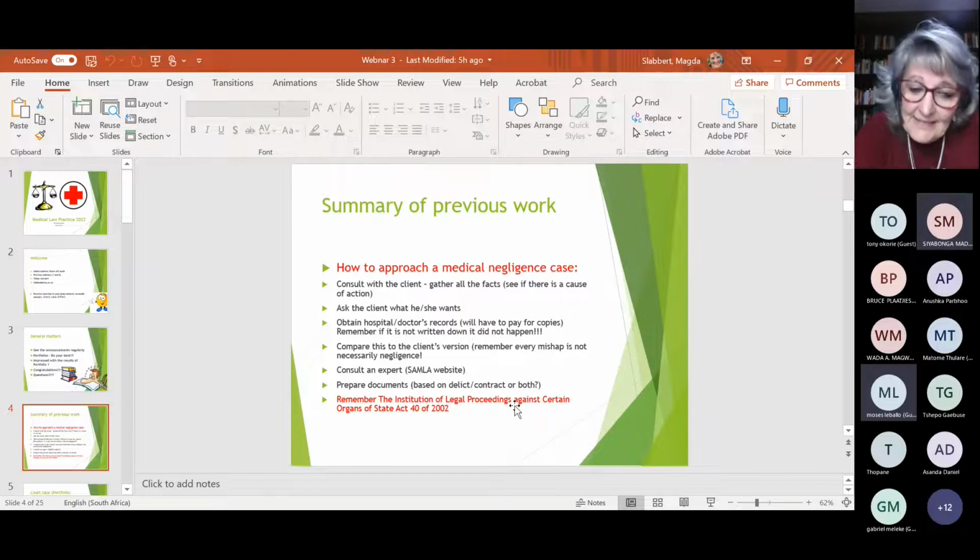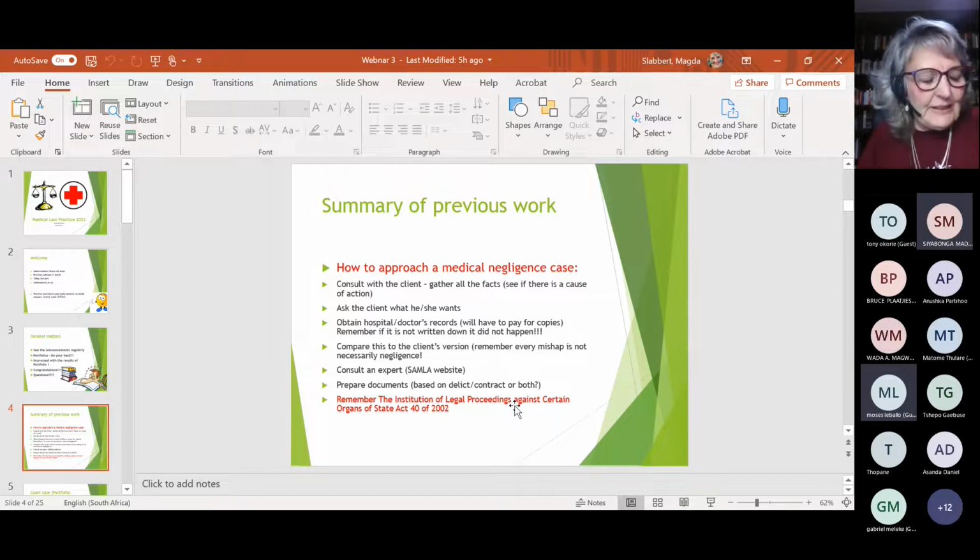You must do the test of negligence. Even if it's a misdiagnosis or an error of judgment, remember you have to do the test. How would a reasonable person from the same field of expertise have acted under the same circumstances?